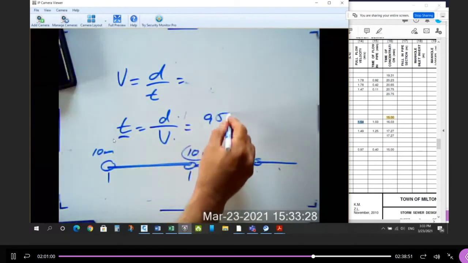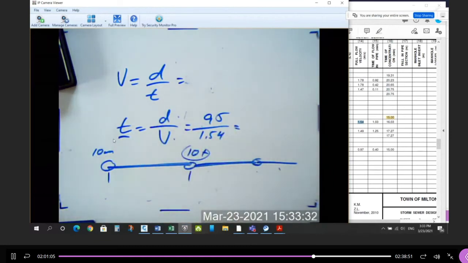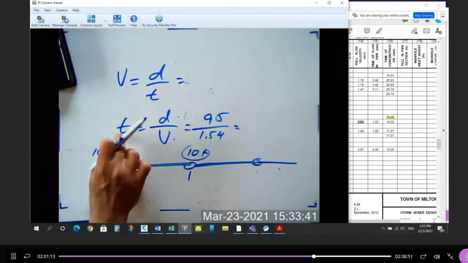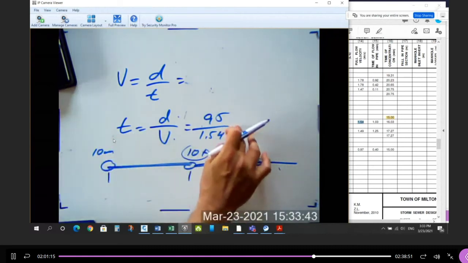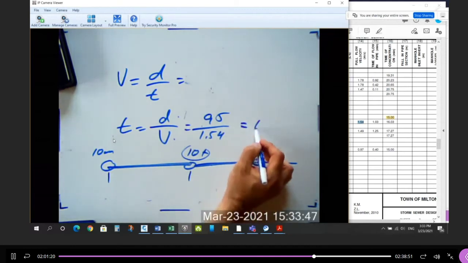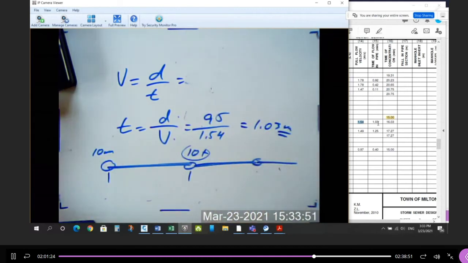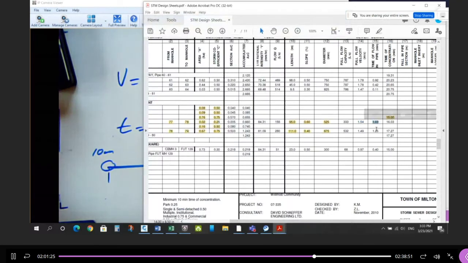If you take the distance 95 and you divide by 1.54, what do you get? 95 divided by 1.54 is equal to 61.63. This is going to come out in seconds, so we have to divide by 60, which is 1.03 minutes, which is exactly what's being calculated here in minutes.